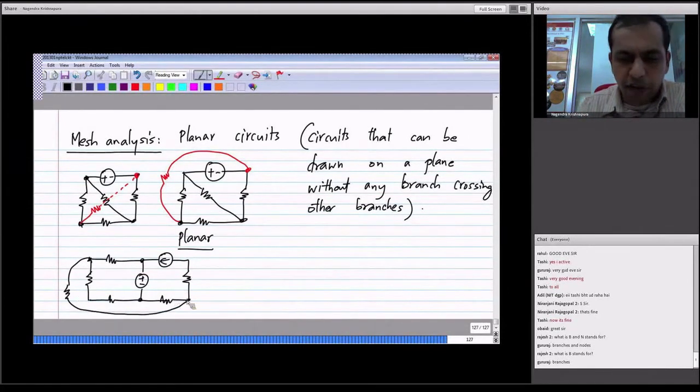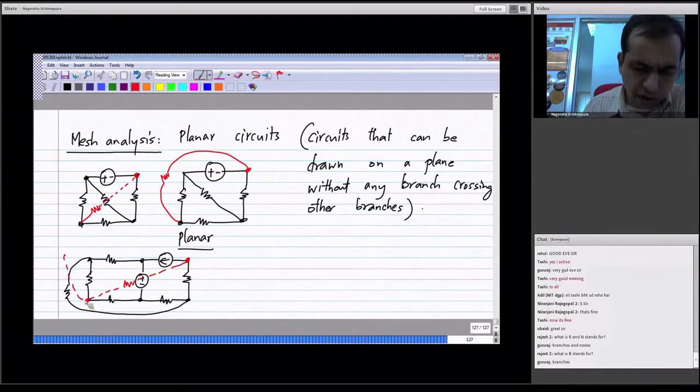Now, if I have any branch between here and there, it has to cross some branch. I can draw it inside here, in which case it is crossing this branch. Alternatively, I could draw the same thing from outside, in which case it will be crossing this branch. So this circuit is definitely not planar.